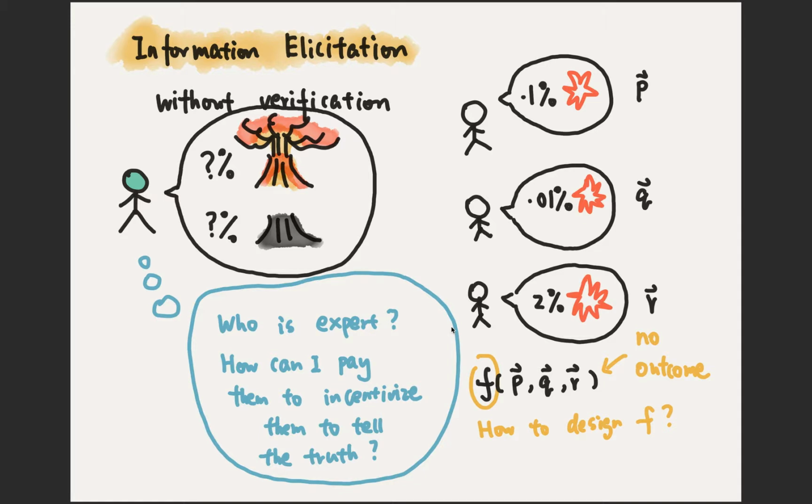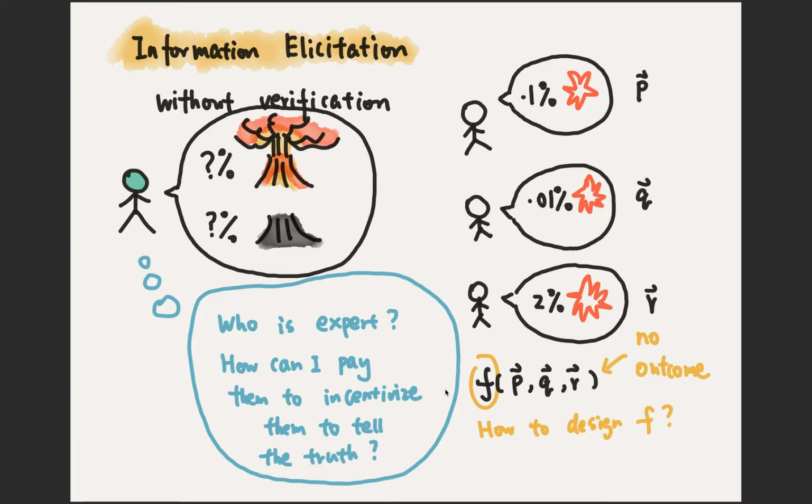And here I want to emphasize that it's not like the weather forecasting problem, where you can review the outcome tomorrow immediately and then pay them. Here, in this volcano case, you cannot wait until 10 years later to see whether this volcano erupts or not to pay them. If you want to pay them, you need to pay them now.